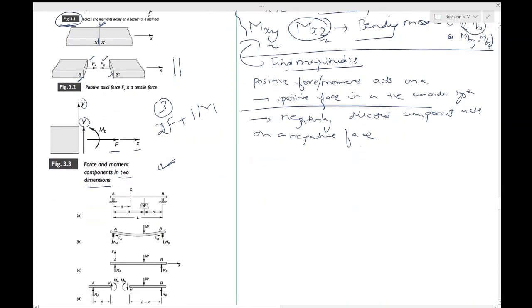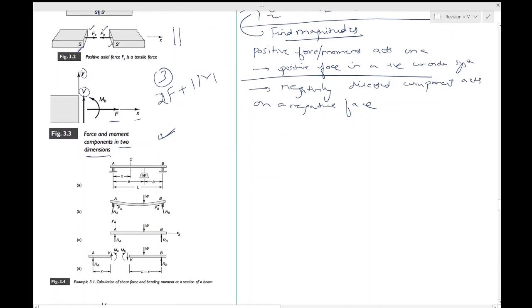So speaking of that, let's move to this first example 3.1, and we will see the methods which are actually used to solve this problem. The methods broadly are the same. You have the actual problem, then you create a model out of it. You isolate the main structure, show all the forces and so on. Second part is to apply the equilibrium, which is the force and the moments. And then you have to cut the member at a section of interest.